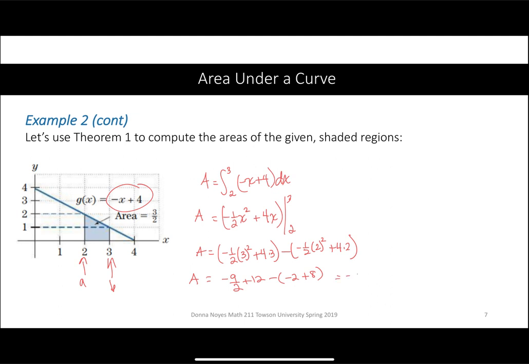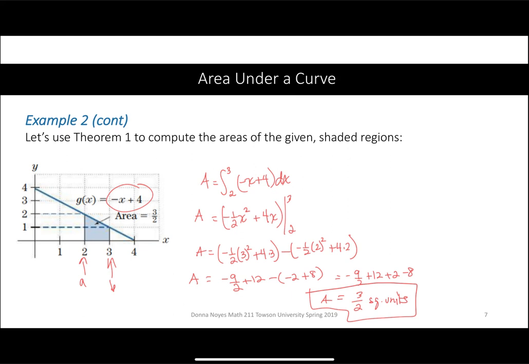So we end up with negative 9/2 plus 12 plus 2 and minus 8. If we add all of that up, 12 plus 2 is 14, minus 8 is 6. 6 minus 9/2 is 12/2 minus 9/2. Indeed, then, we will end up with an area of 3/2 square units, which matches what we found when we looked at the triangle plus the square.